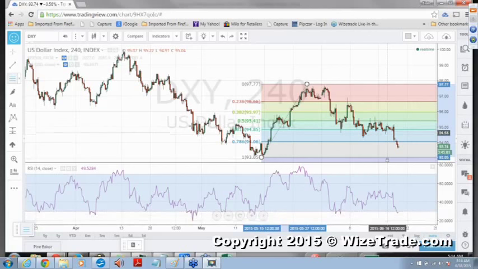You can see that the dollar didn't do a whole lot while in oversold conditions, but just stayed down there, and then it finally popped back up. As we get down in these oversold conditions, the dollar tends to bounce from there, and you can see over here, bounce from there. We were oversold here, bounce from there. We're oversold here. We're probably going to start looking at a decent bounce area for the dollar soon.